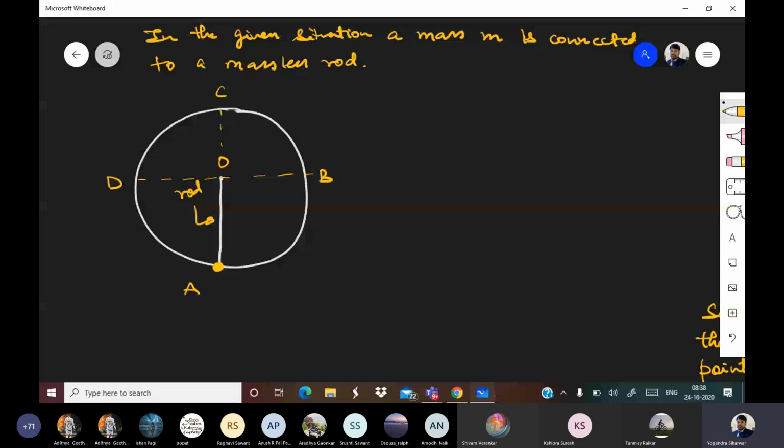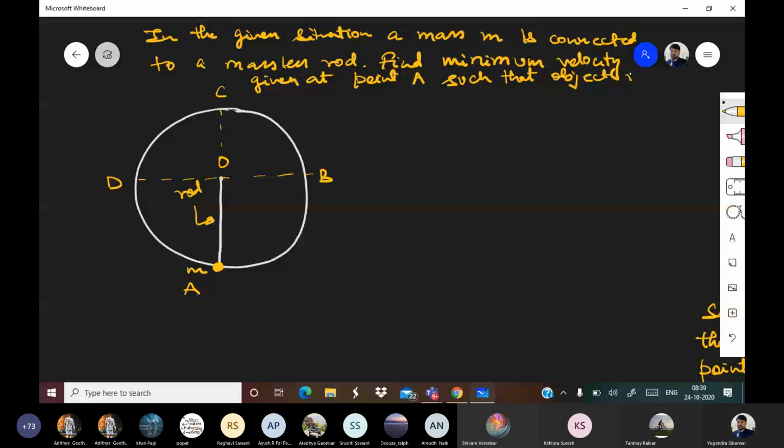Find minimum velocity given at point A, such that object is able to complete the vertical circle.